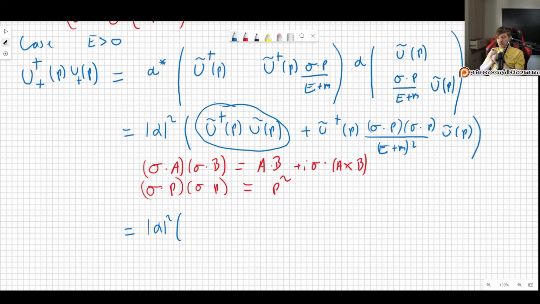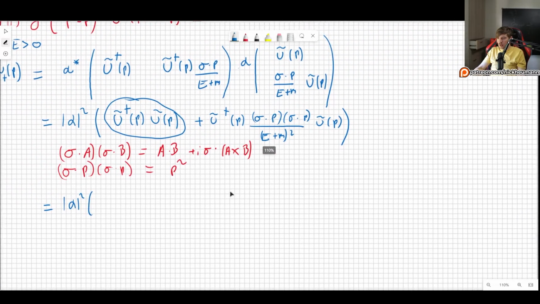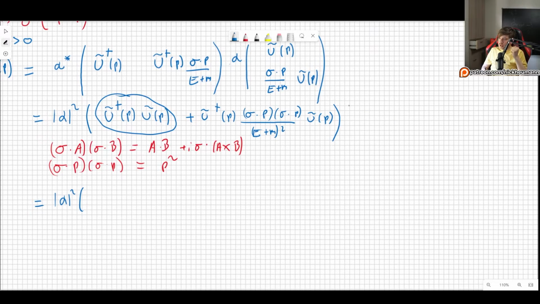We want it to be 1 if this is normalized, or (0, 1) if we are in spin down. If both of them are spin up, then we want it to be 1. If they are different spins, we want it to be 0. After all, in this notation, we said U tilde could be (1, 0) or (0, 1), and they are always going to be the same choice.